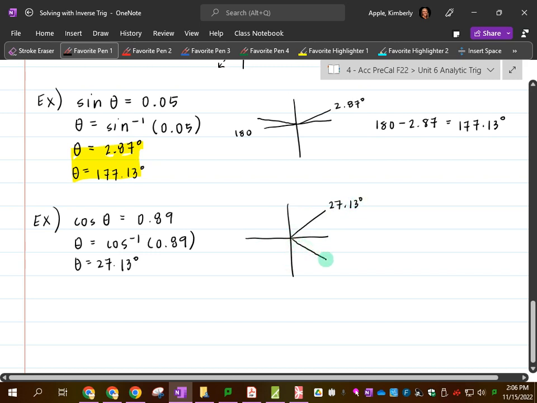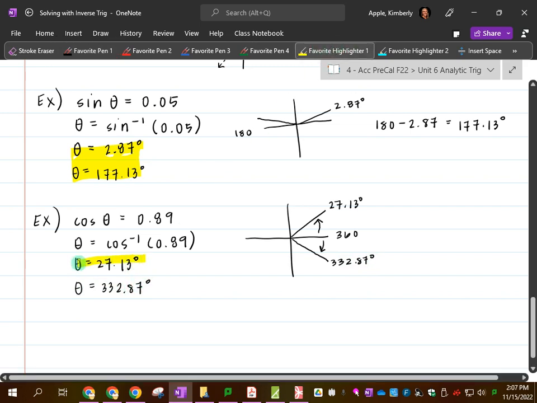And the cosine, remember your other one, your little hidden one should be down here. So if this is 27.13, I'm going to back off of 360 that far. 332.87. So that's your second solution for the cosine.